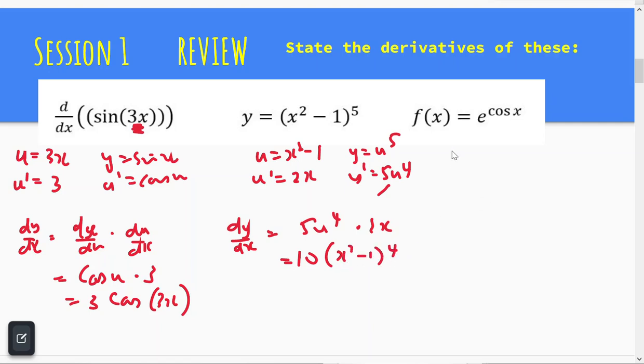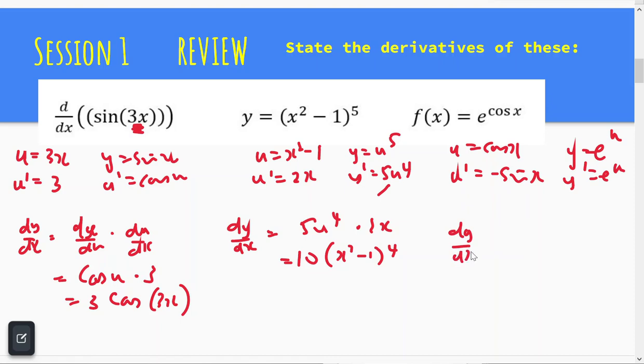And lastly, u equals the cos of x, so u dash equals negative sine of x, y equals e to the u, y dash equals e to the u, so dy dx will equal e to the u times negative sine of x, which is negative sine of x e to the cos of x.